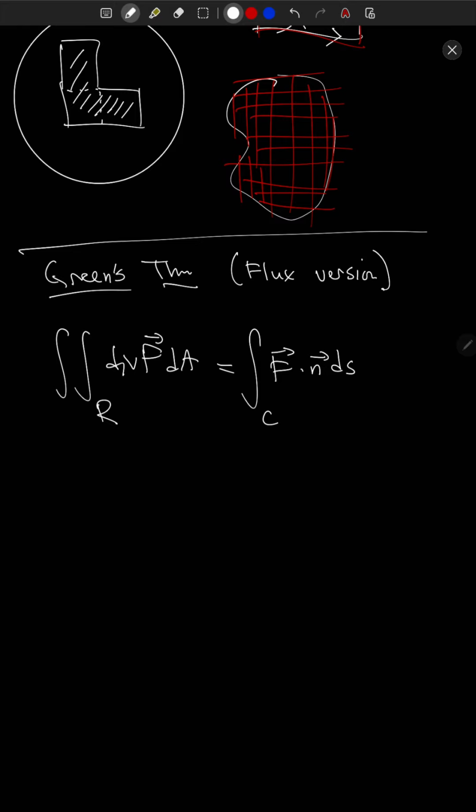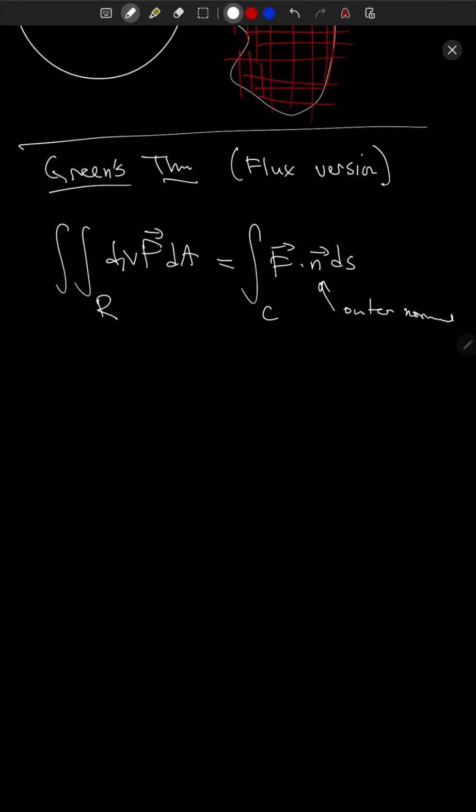Again, everything is oriented counterclockwise, in quotes. This is the outer normal. That's the convention, very much, the outer normal. And that's it. That's Green's theorem.